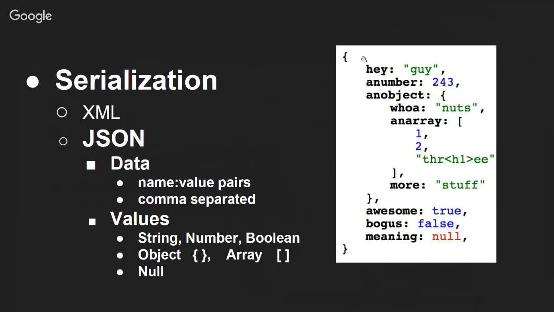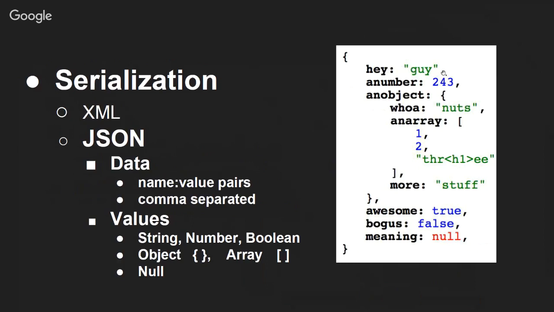For the JSON format, you only need to add here the same symbol that is used with the strings. You will have to add it on the name. Only that. For example, there's the name hey, which has a string value, guy.